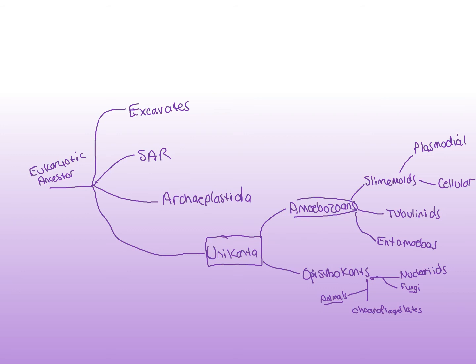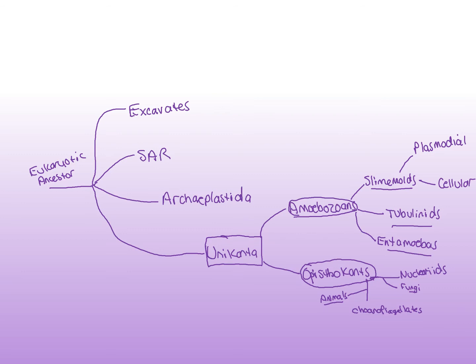All right. So we have the Unikonta, which divide into two major groups. We have the Amoebozoans, and we have the Opisthokonts. Okay. And the Amoebozoans split into three groups. We have the slime molds, the tubulinids, and the Entamoebas. And the slime molds further divide into plasmodial slime molds and cellular slime molds.